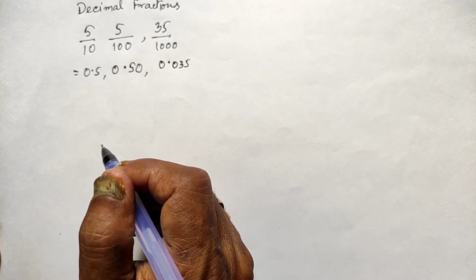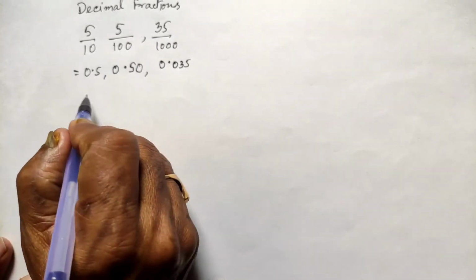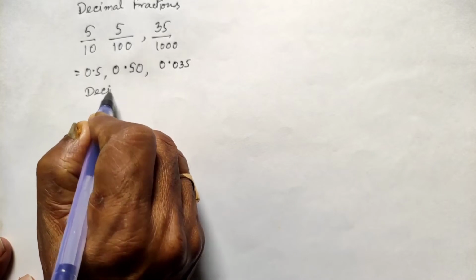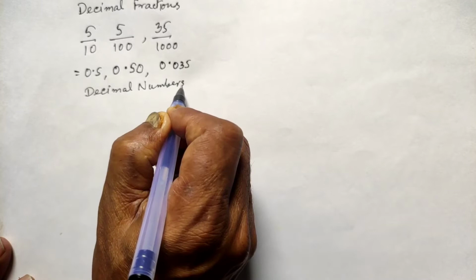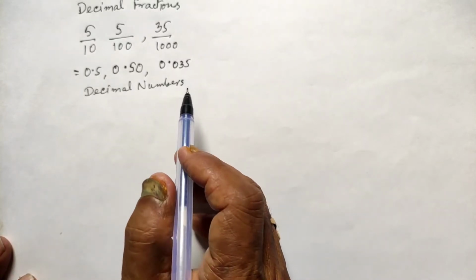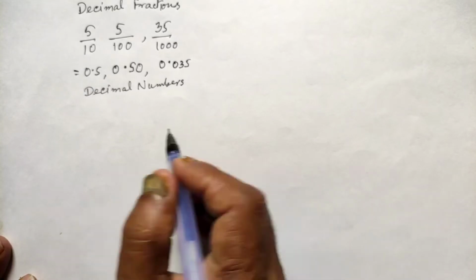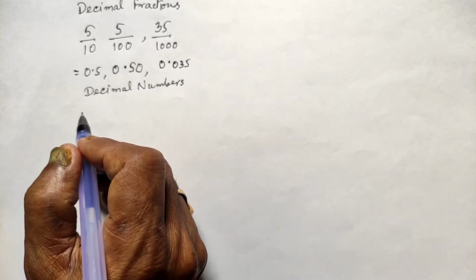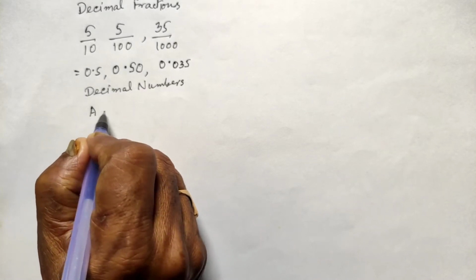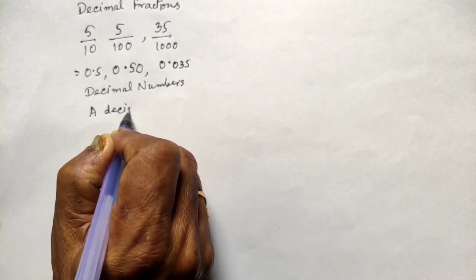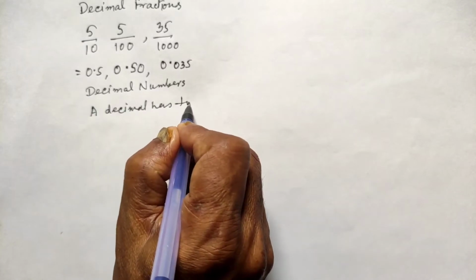Now, a very important thing you have to know before you do decimals. The numbers written in the decimal form are called decimal numbers, or simply we say decimals. A decimal has two parts.